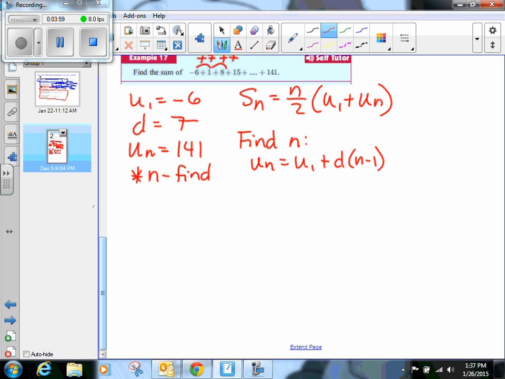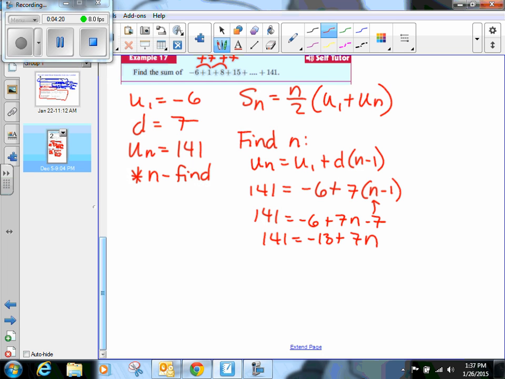So if I use my un given, 141, my u1, negative 6, plus the common difference times n minus 1, I only have one variable I need to find. Then we'll quickly solve this simple equation. So 7n equals 154, n equals 22.